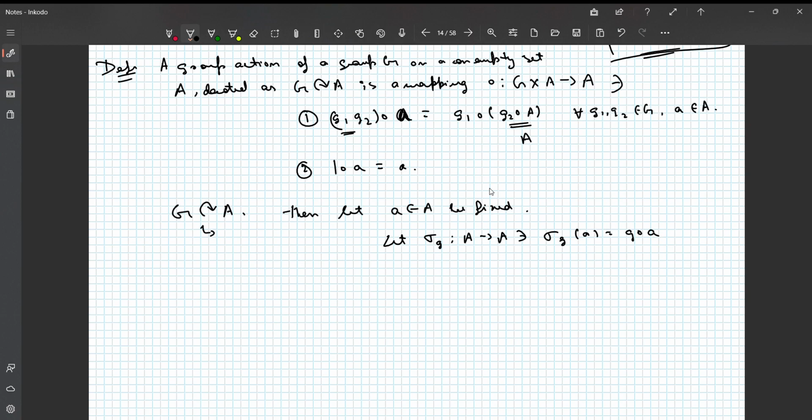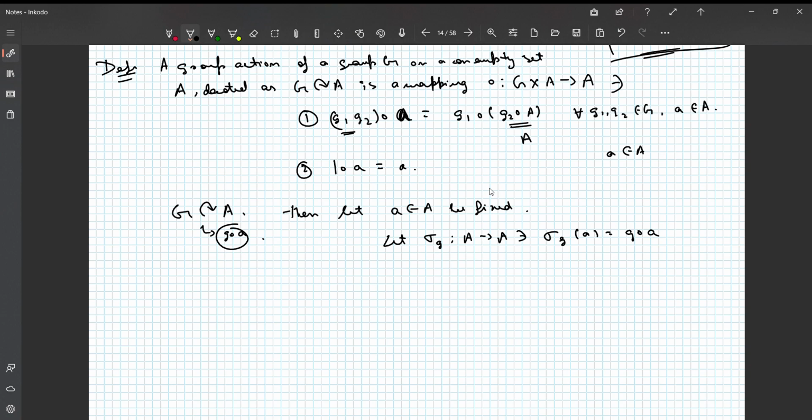So G acts on A, that means g ∘ a is well defined. Clear? Notice that this mapping is obviously well defined, because we are choosing an element from A and g ∘ a is also an element in A. You are sending it to some other element of A or to itself only.